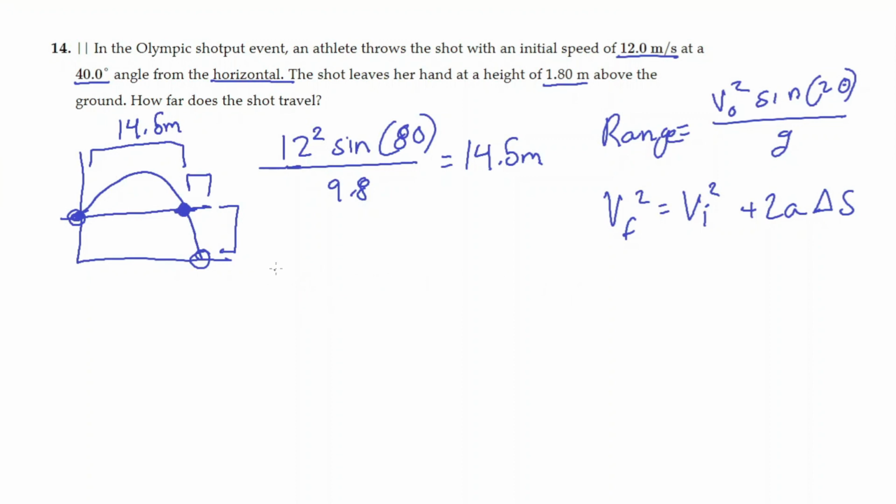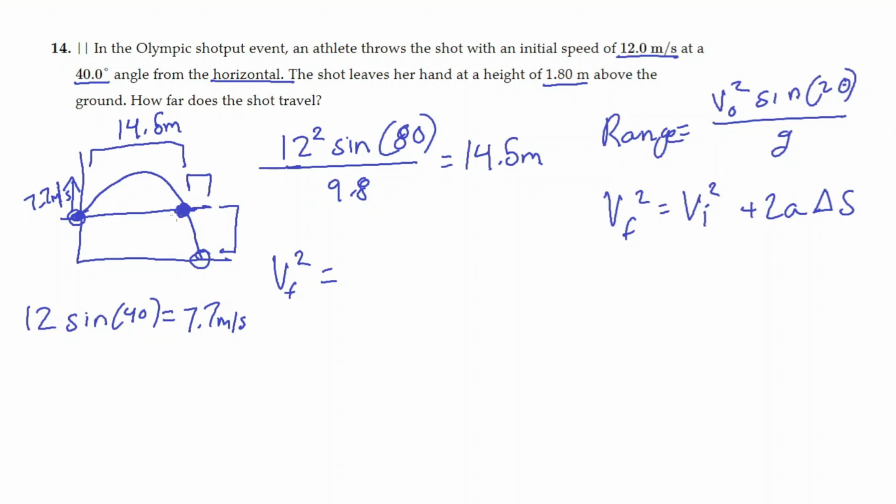So let's start plugging into the final velocity equation. The initial velocity is basically the opposite of the y component at which it started. We calculate that by doing 12 times sine 40, which is 7.7 meters per second upward.